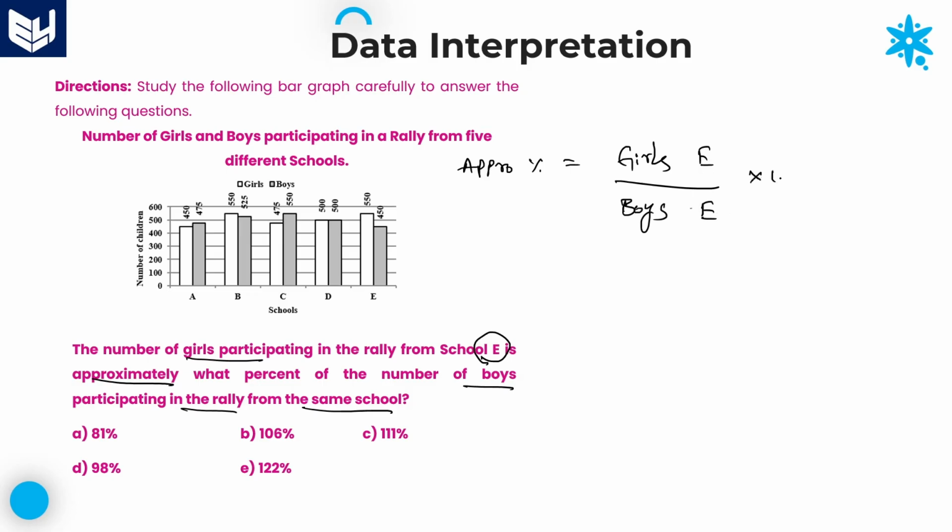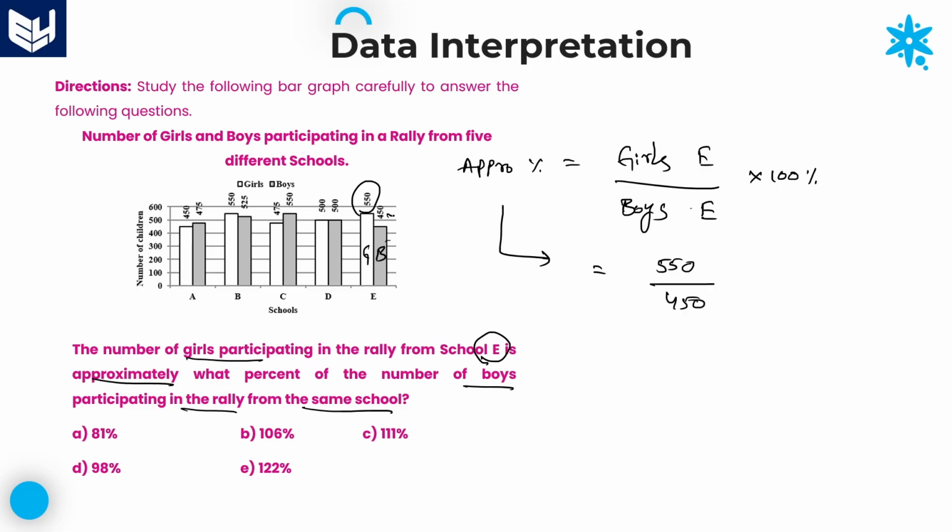Whenever you are calculating percentage, multiply by 100 percentage symbol, that is the common thing. Now you can calculate this value. Girls school E is 550. Here the white color is girls and the dark one is boys. So girls school E is 550, whereas boys is 450, right?